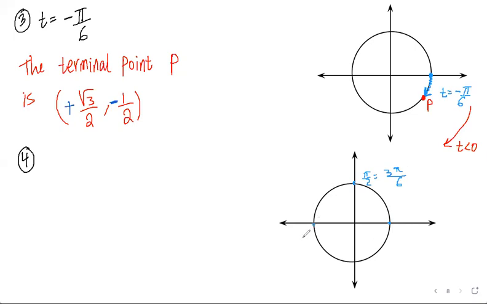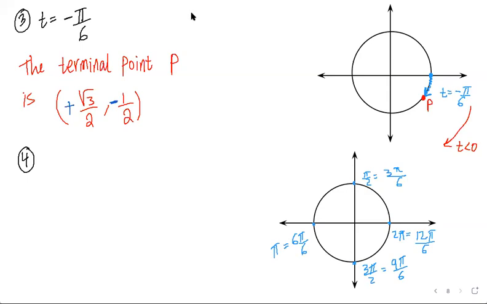This point here is 6 pi over 6, which is the same as pi. This point is 3 pi over 2, and this is actually equal to 9 pi over 6. And this point is 2 pi if you go back again, and this is equal to 12 pi over 6.